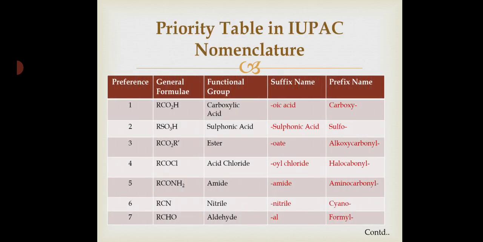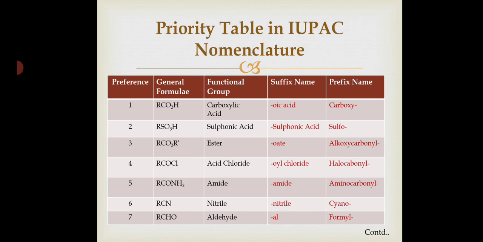Now, if there is a more preferential group in a molecule, then obviously the name of the other functional groups will come in the prefix. The most preferential group's name will come in the suffix, and the other functional groups will come in the prefix.